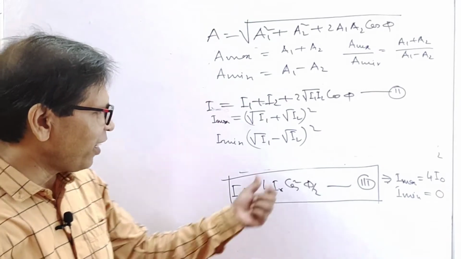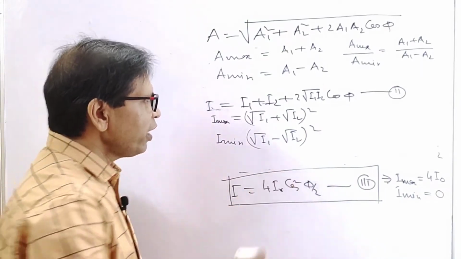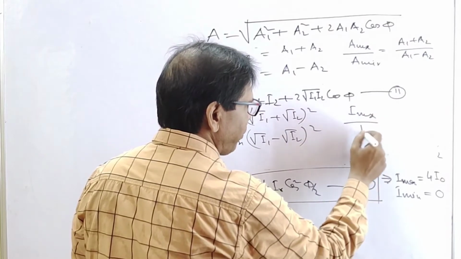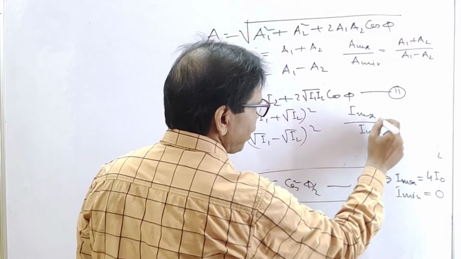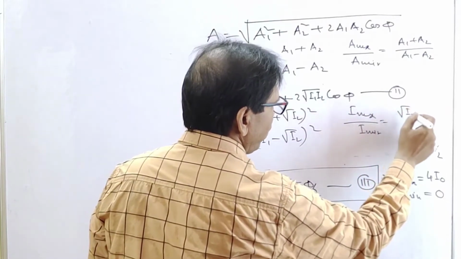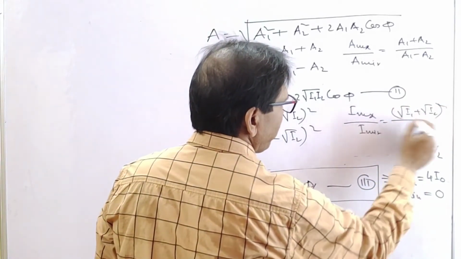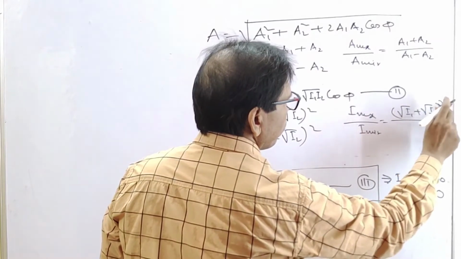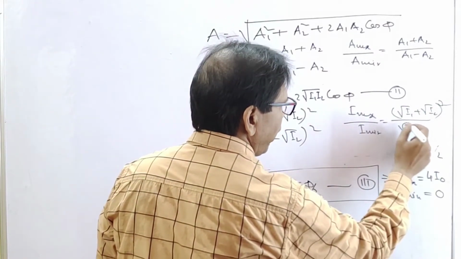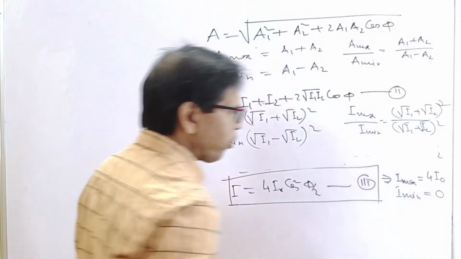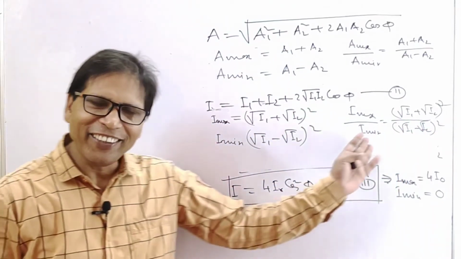Okay, now next, here I max divided by I min equals (root over I1 plus root over I2) whole square divided by (root over I1 minus root over I2) whole square. Okay, understood?